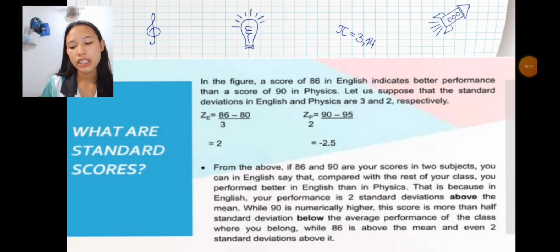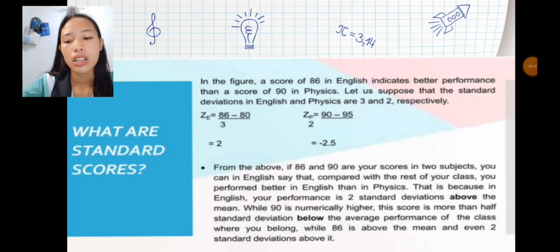So the English score Z equals 2, which indicates better performance as it is well above the mean. While the physics score Z equals negative 2.5, which indicates weaker performance as it is significantly below the mean.